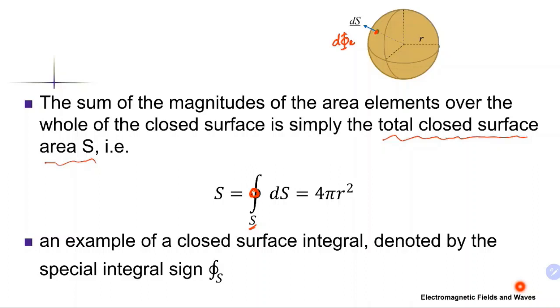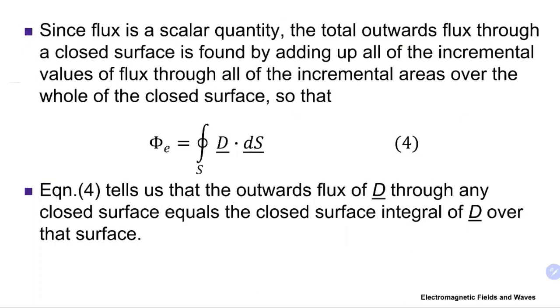To work out all the electric flux that's going through this sphere, then we have to integrate it as well. Okay, so we do a closed surface integration of D dot ds, and that gives us our electric flux going through this closed surface.